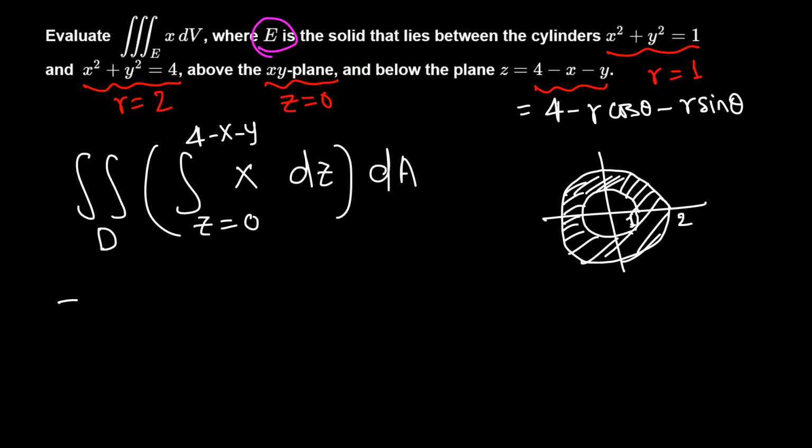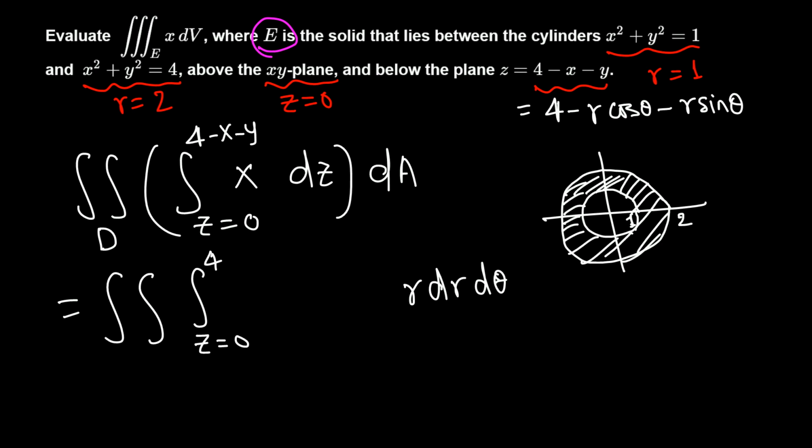In the next step, we're going to write this in terms of dA is r dr d theta, as we've done in double integrals earlier. Inside we have z equals 0 through 4 minus x, which is 4 minus r cosine theta minus r sine theta.